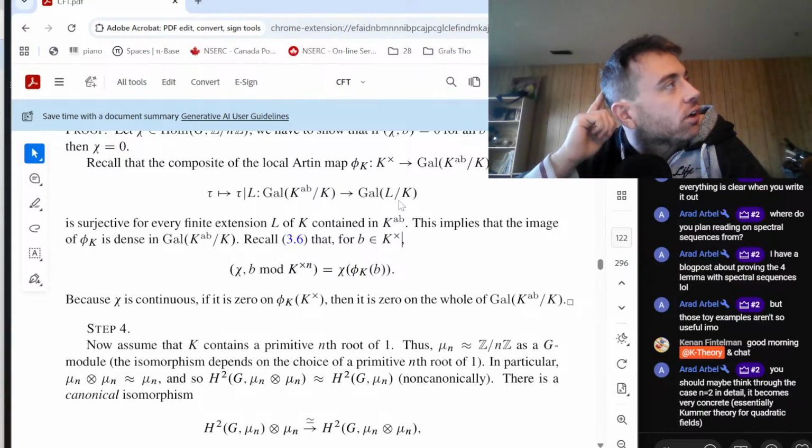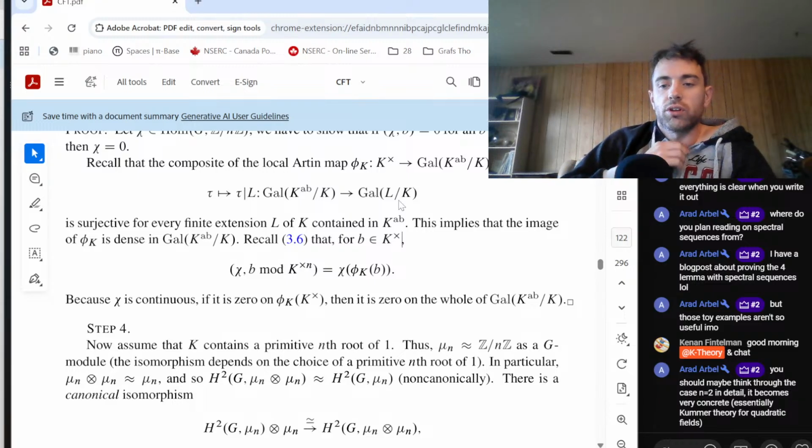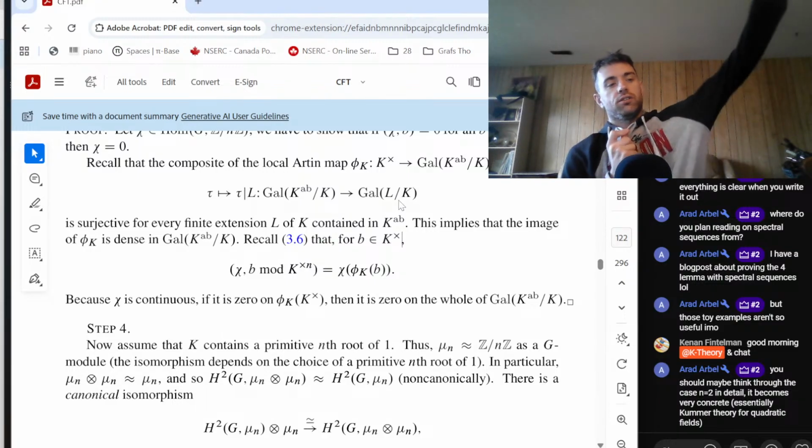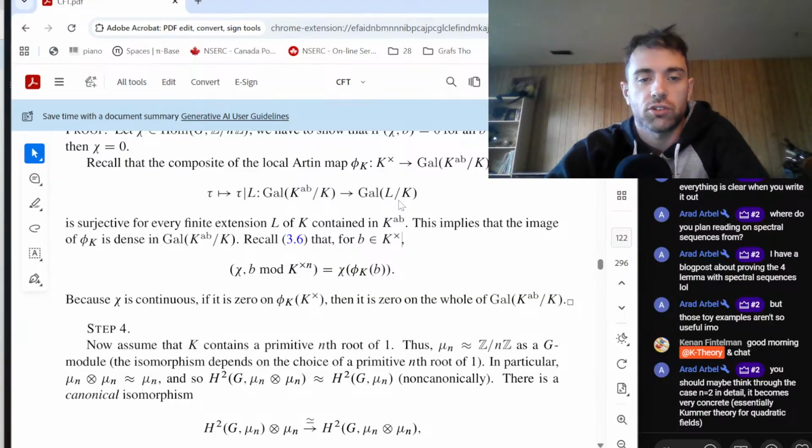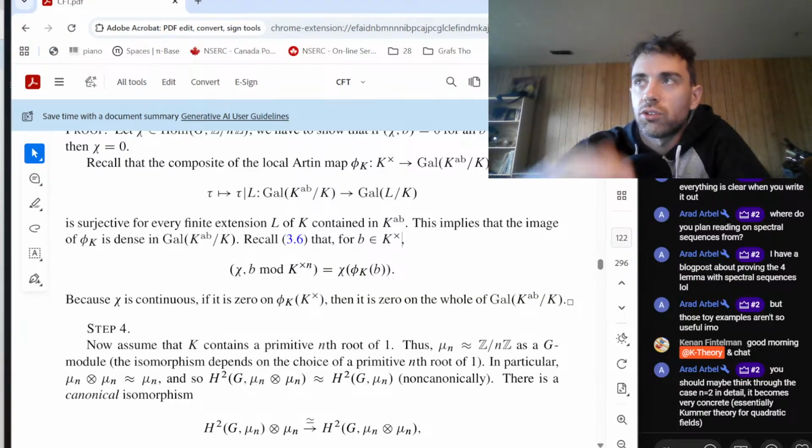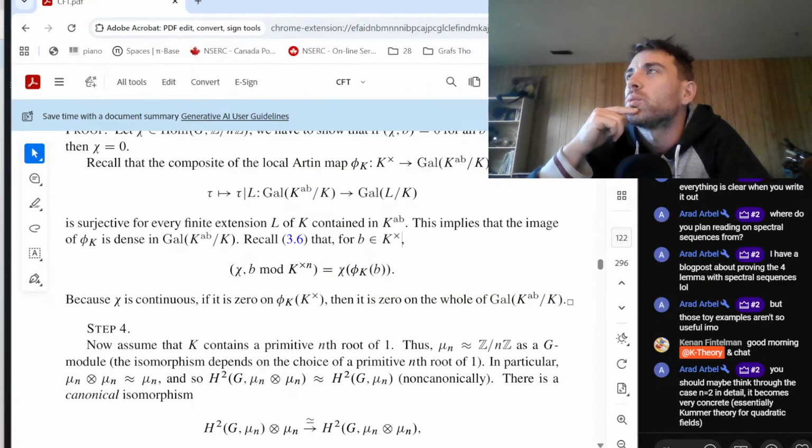Okay, I think I see. I get it. Yeah, I guess all of the finite. If you look at all of the finite elements and all the finite extensions, that should be dense in the big thing.